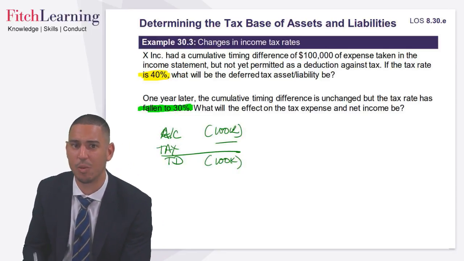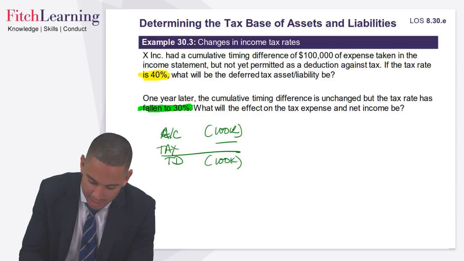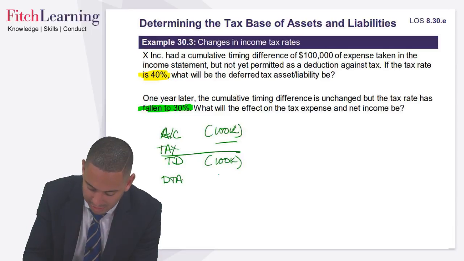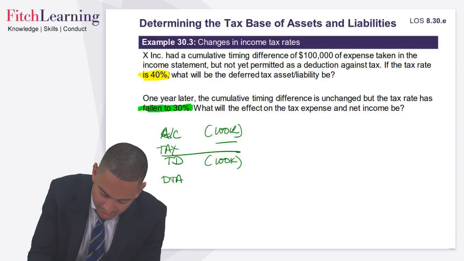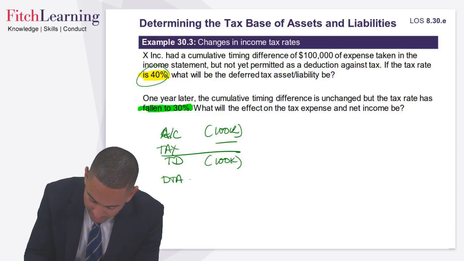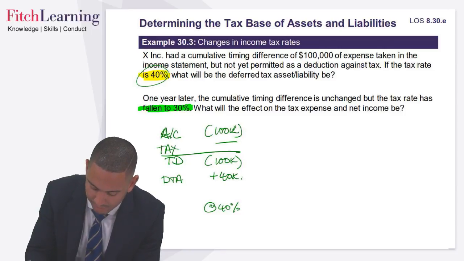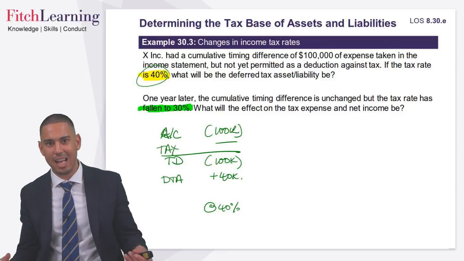So, first easy question, you should be laughing at these by now. Is it a deferred tax asset or deferred tax liability? It's a deferred tax asset. If the tax rate is 40%, it's going to be that 100k times 40%, plus 40k. How easy is that now?